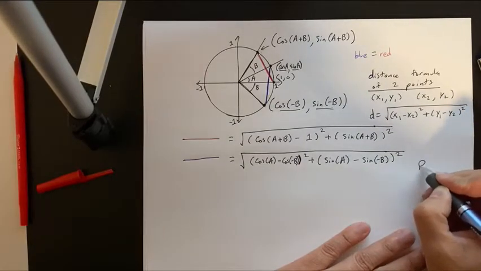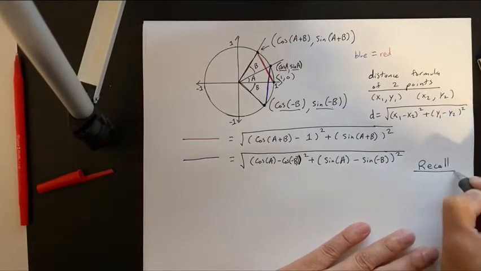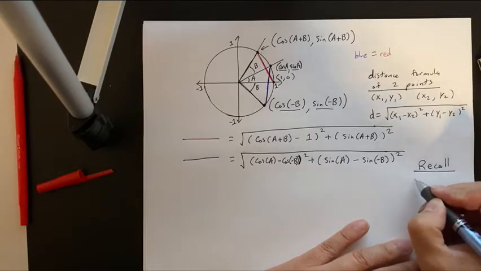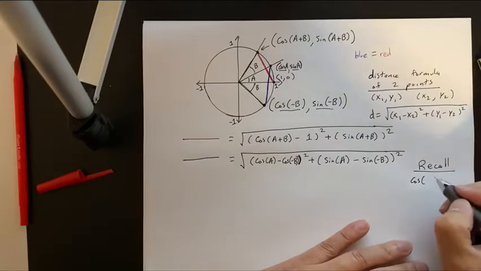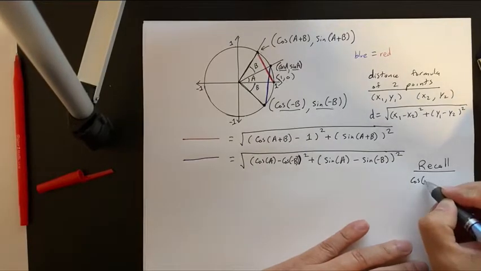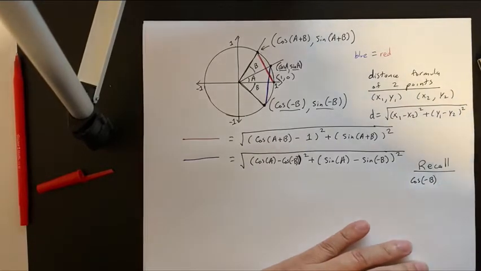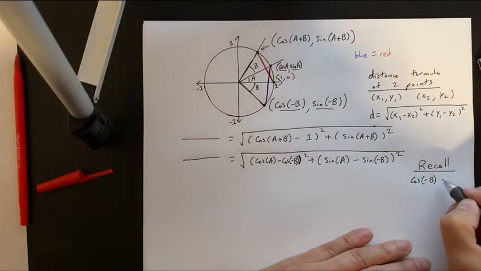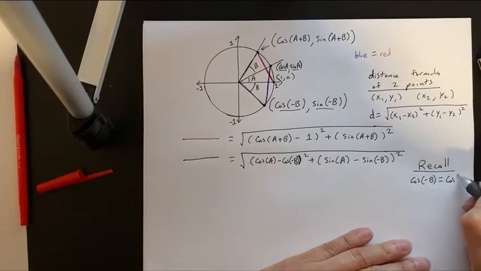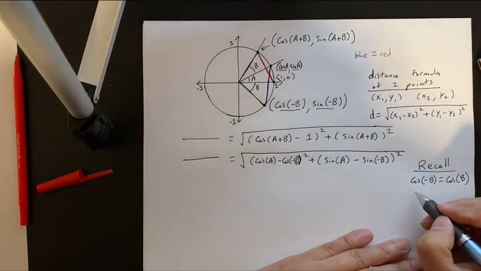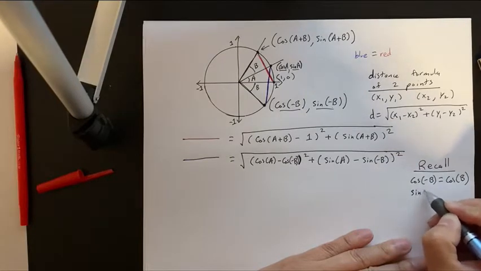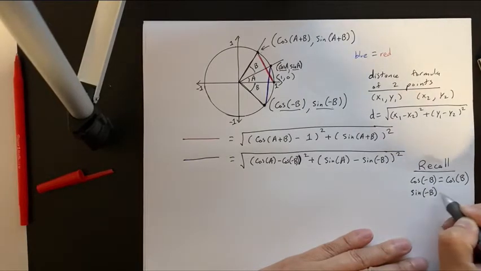So recall, first off, what do you know about cosine? Cosine is an even function. So if you have a cosine of negative b, you get to remove that negative for free. But sine is an odd function.